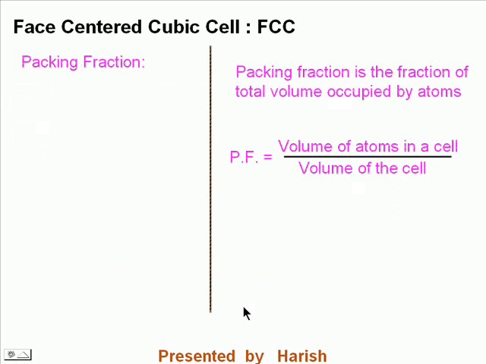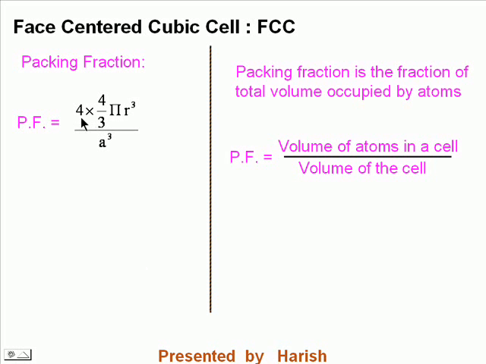Now the packing fraction. Packing fraction is the fraction of total volume occupied by the atoms. This packing efficiency tells how much is filled and how much is vacant, or void. Packing fraction is 4 into 4 by 3 pi r cube, because the effective number of atoms in a unit cell is 8 into 1 by 8 plus 6 into 1 by 2, which makes it 4.